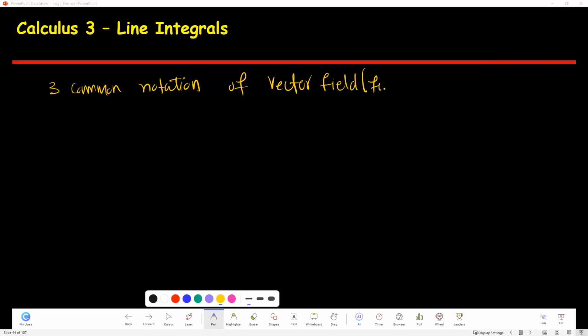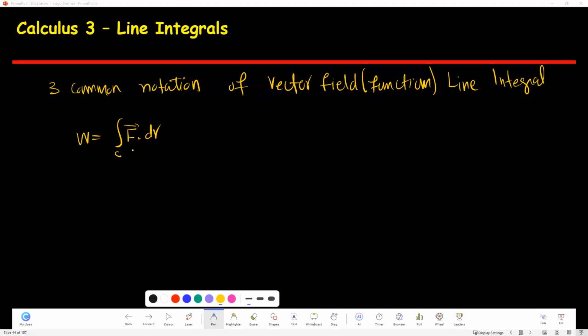Vector field or vector function, line integral. The one I just told you, you can say is work done equals the line integral over C of force, or the function you can call force in terms of v, and usually written in dr, right?